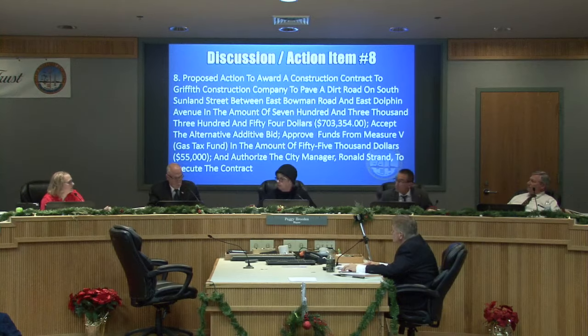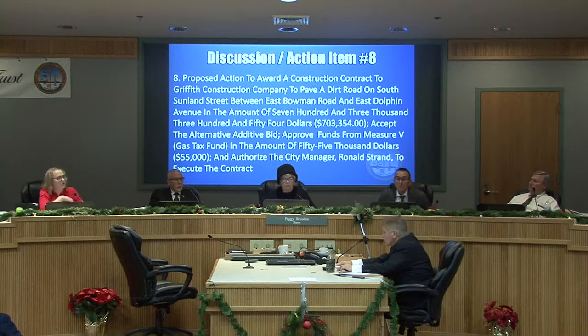Like with Dolphin, my concern here is using the Measure V for new construction, and that kind of bothers me a little bit. In general, I like to see Measure V for roads that are already in place that we're fixing. So I was just curious if there were any unimproved road impact fees or anything that could be used instead of Measure V. There's not any unimproved roads.